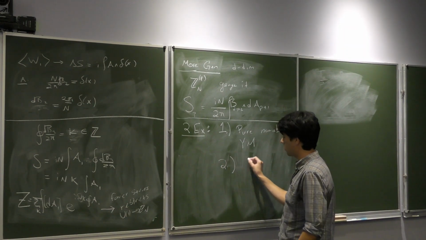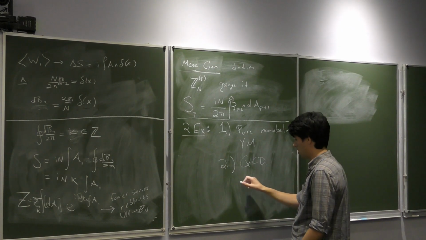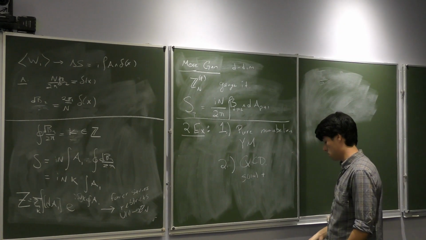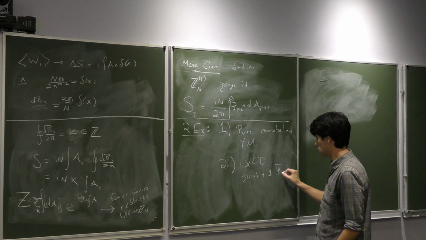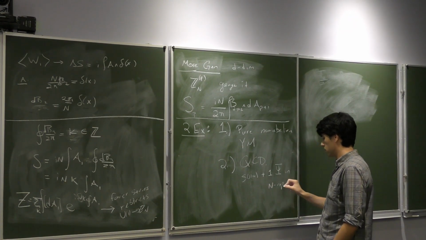And the second example is going to be QCD. And by QCD I mean I'm going to take SU(N) gauge theory plus one Dirac fermion in the fundamental representation. Okay?